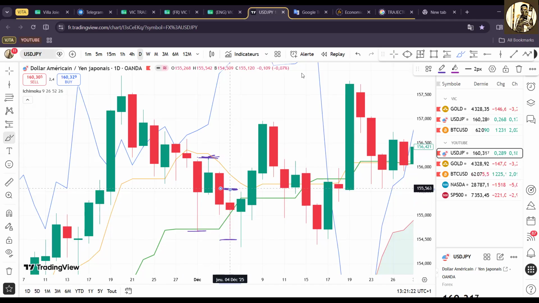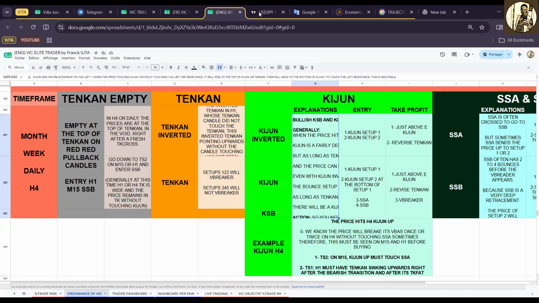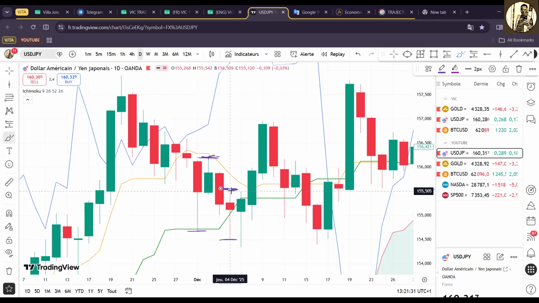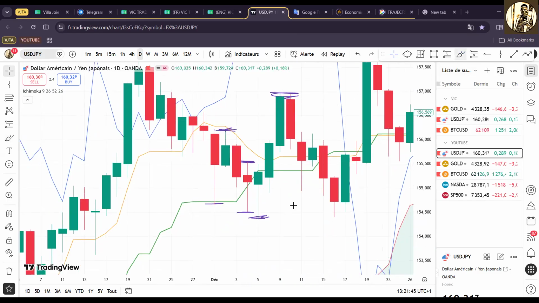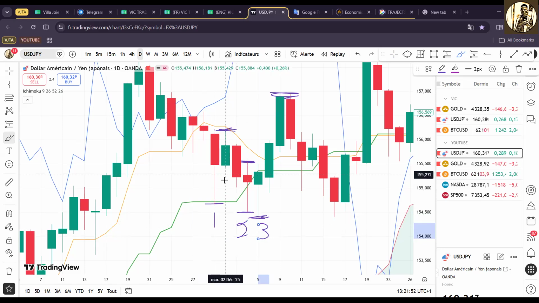And then the price moves above Kijun at this level. Then the price goes down again below Kijun for the third time. Then the price goes above Tenkan. So what you can realize is that Kijun can be touched one time, two times, three times before it actually moves and rises to the upside.